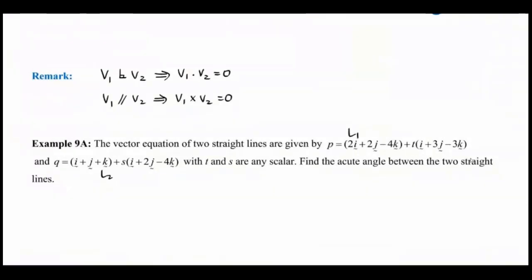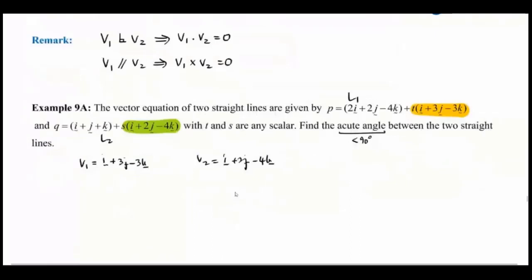We need to find the acute angle between the two straight lines, so the answer must be less than 90. As I told you before, for the angle between lines, we need the direction vectors. V1 comes from line 1, so we have I plus 3J minus 3K. And for the second, V2, we have I plus 2J minus 4K.